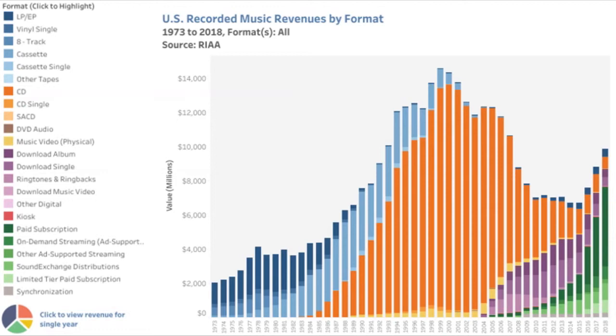And then we had the downloadable music video, the purple, and other digital music. And then into the green, which is the streaming music. And right on the bottom, you can see there's a gray area that's just starting up called synced music, and that's SoundExchange, and that's the future right there, synced music and streaming music.